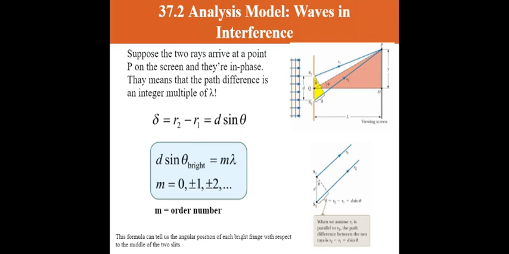And then you have a formula that can tell you the angle to any bright fringe if you know the slit separation and the wavelength of light. And also, because there are multiple bright fringes throughout the whole screen, you have to specify the order number.